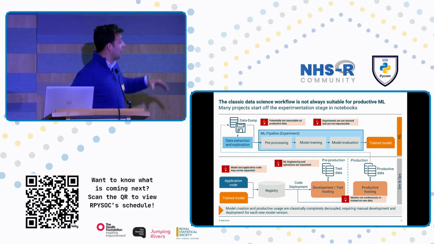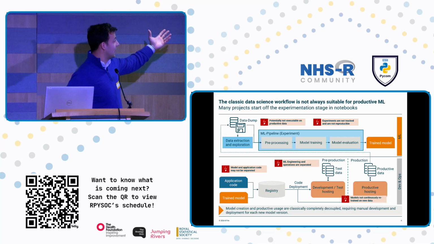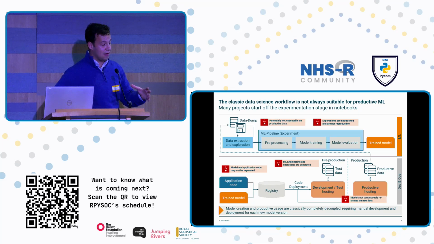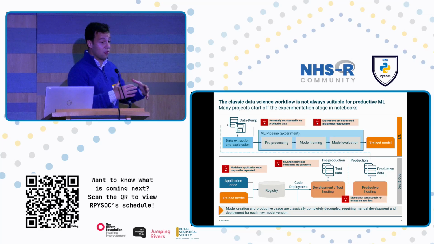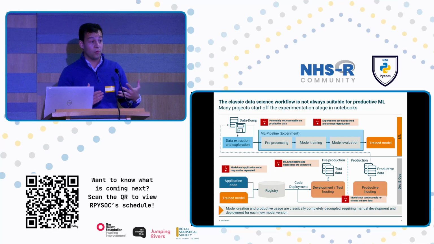So think about it: you experimented in your notebook, you have your data dump, you train your model, and that is separate from the actual operational stage in production. Some of the side effects are that you might have your model and application code in one place, which might cause something breaking something else.